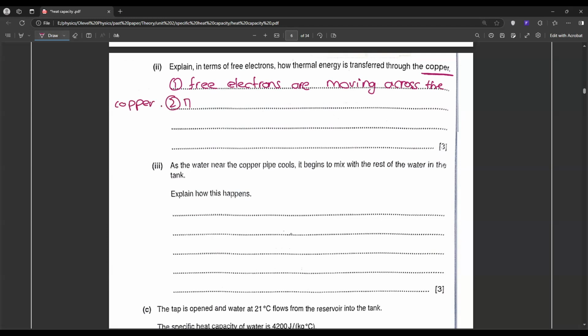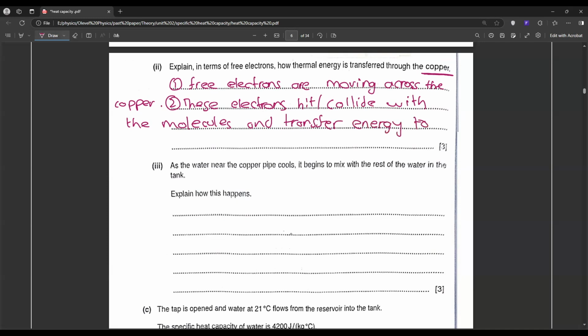These electrons hit or collide with the molecules and transfer energy to them. Simple as that. This process will keep on going until you reach the other end of the metal.